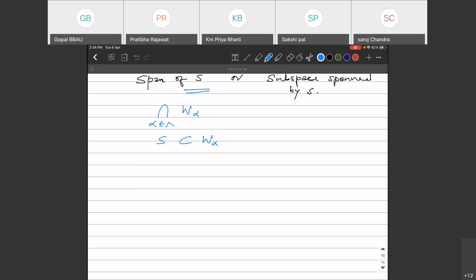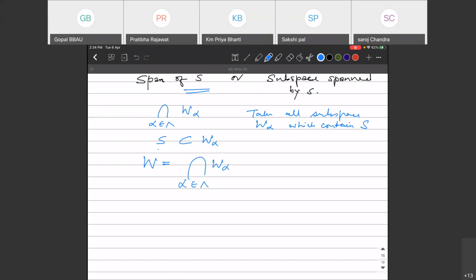Now what I'm saying, take all subspaces W alpha which contain S. So the W alpha are subspaces and they contain S. Now define W as the intersection of the W alpha over any indexing set.